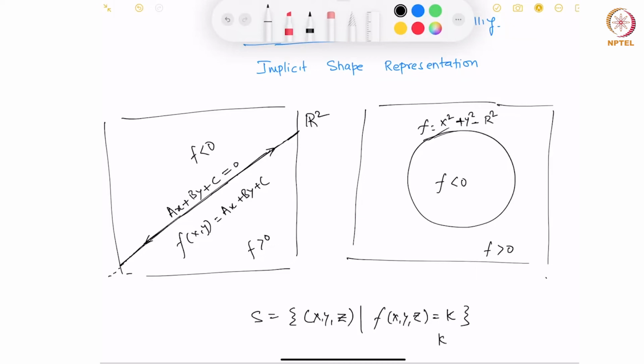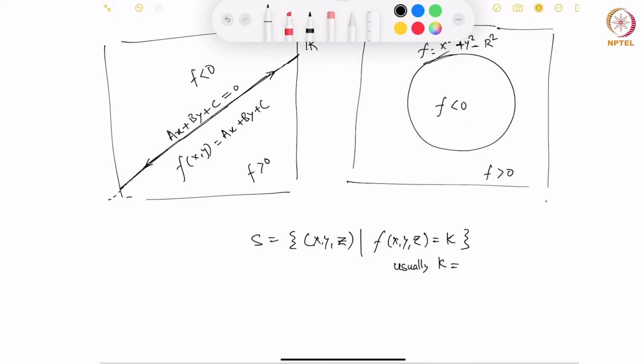Now usually k equals 0, but you can also have a non-zero k, right? And as we will see later today, these different k's are known as the level sets of this implicit function. So when I say k equals 0, this is the 0 level set, right?